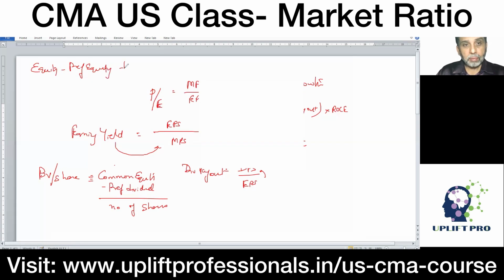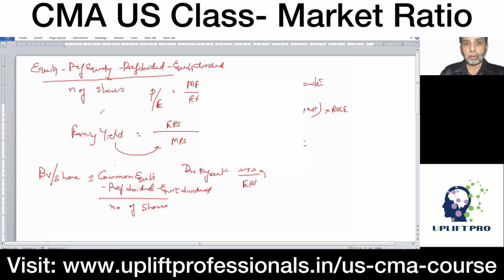Okay, minus preference dividend, minus even equity dividend. These are all reducing the equity, you know that? Okay, so even here also minus equity dividend if they have declared. If it's cumulative preference dividend, if they have declared or not, you have to minus it. Okay, divide this by number of shares outstanding. Okay, so this has been the recap of whatever we've done.